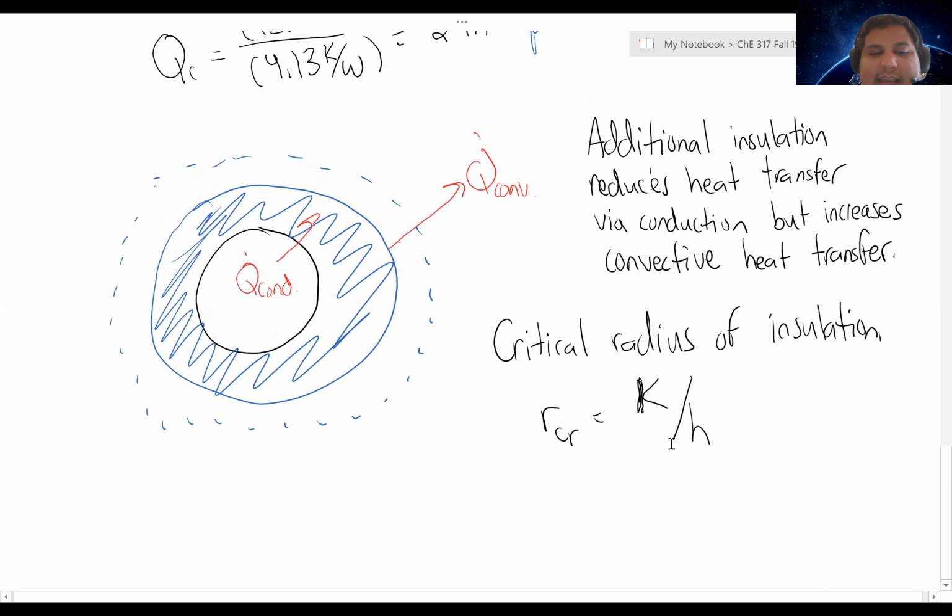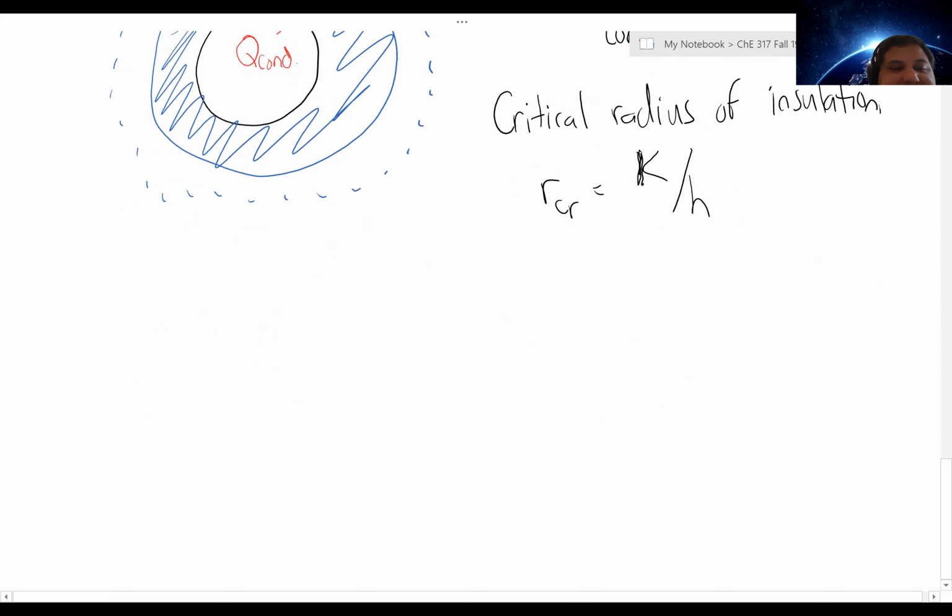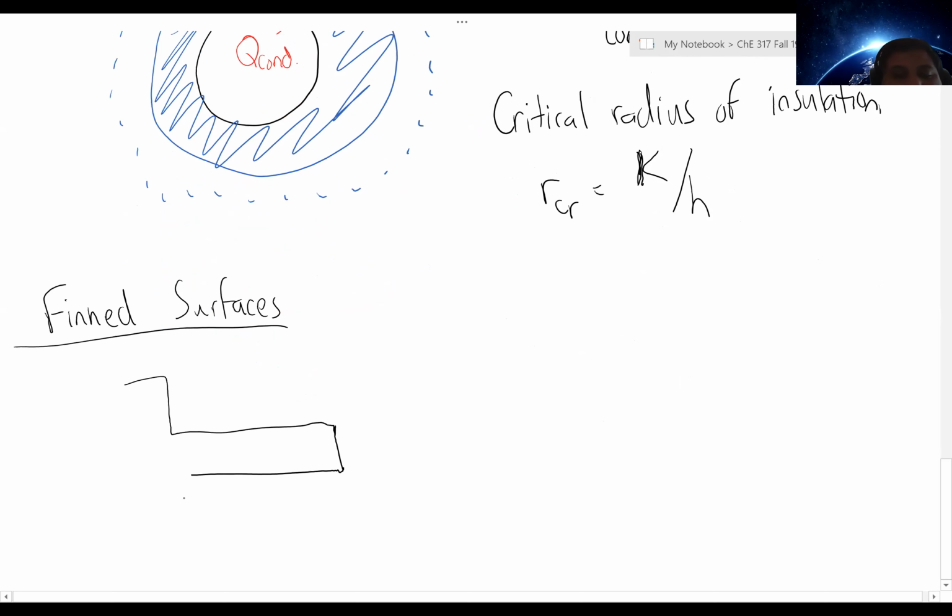All right, now the last part of this steady state section discusses what's known as fins and fin surfaces. I don't like to get into them too much. You can read about them. They are really important and really useful.